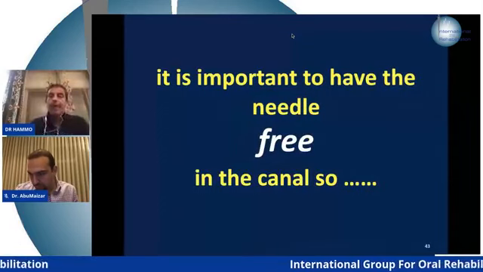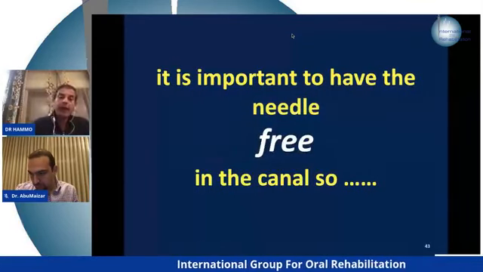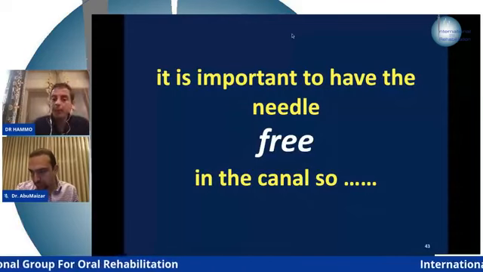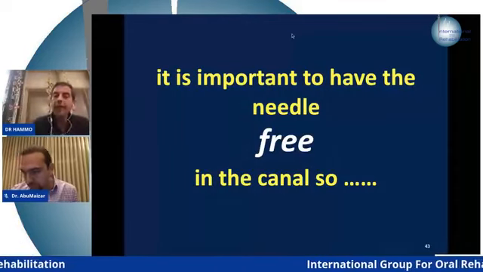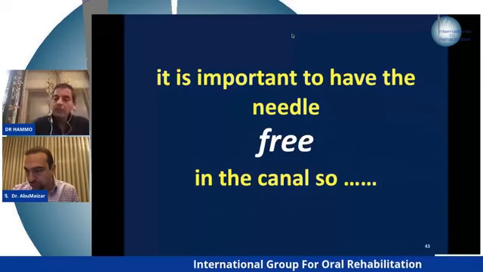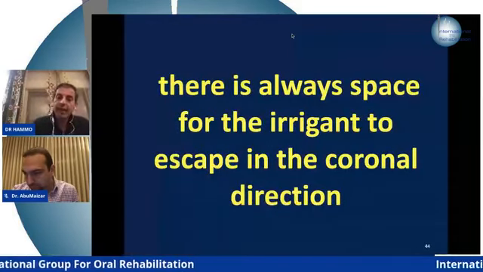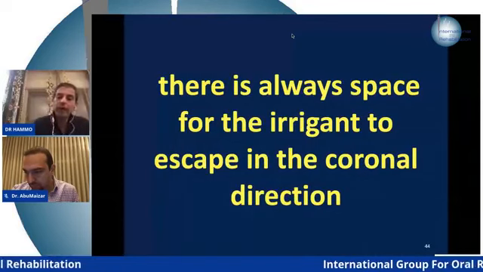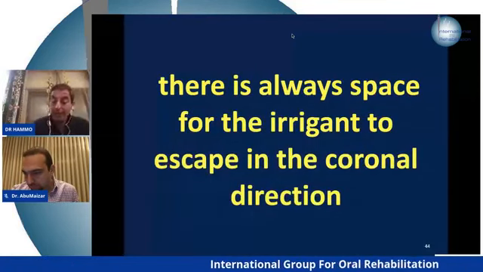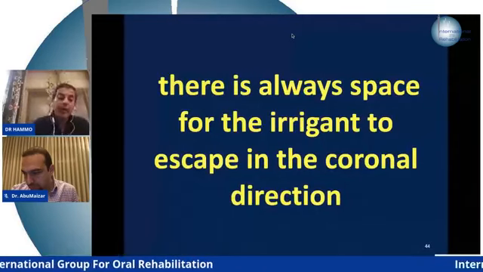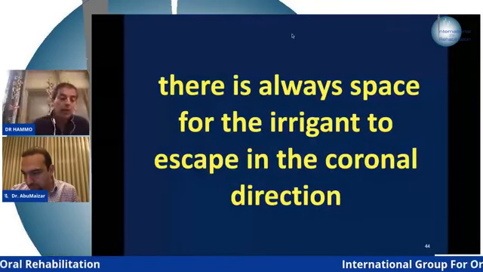So, the most important part in this lecture is the following. It is important to have the needle free in the canal. So, there is always space for the irrigant to escape in the coronal direction. And the word free inside the canal is the key point in our lecture today.